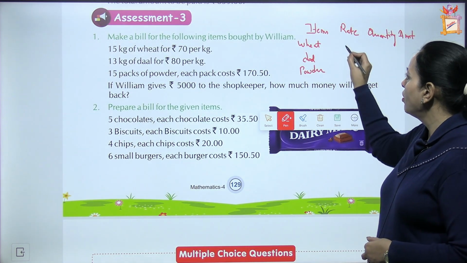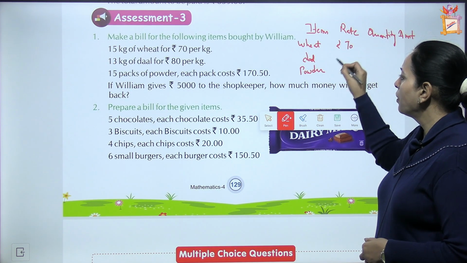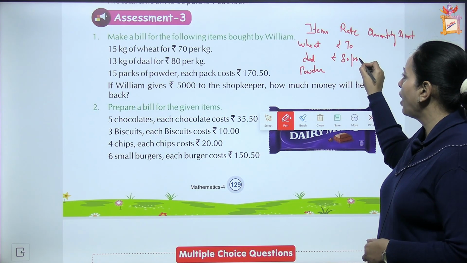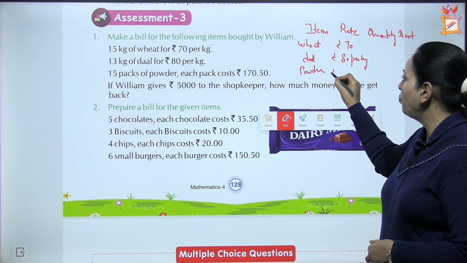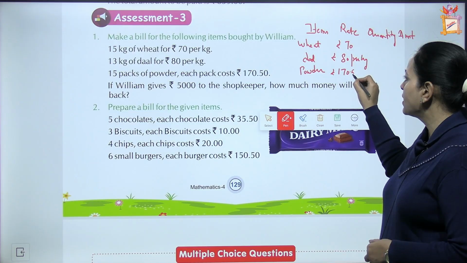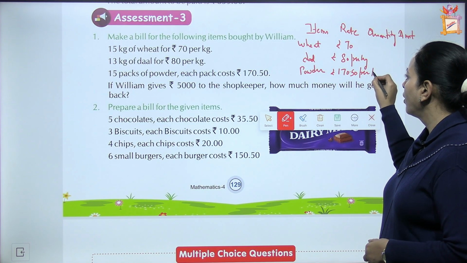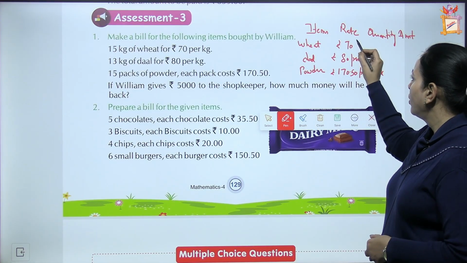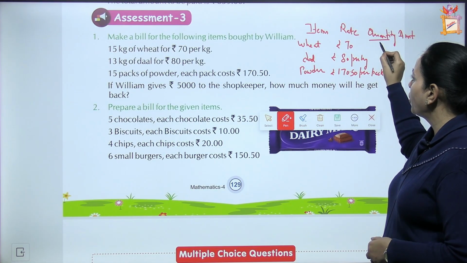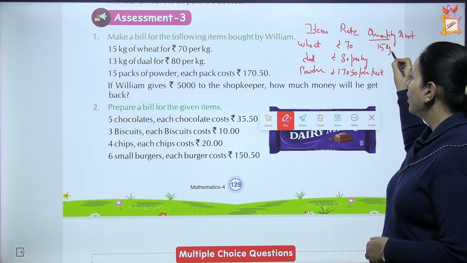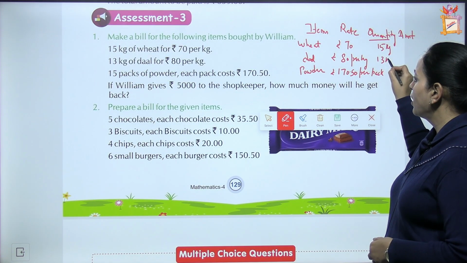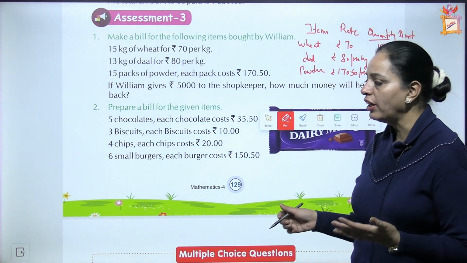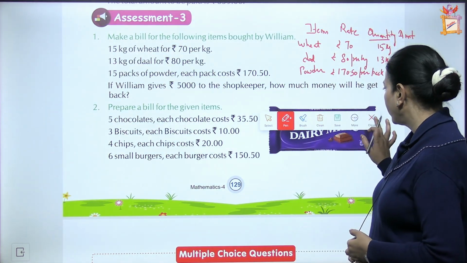So rate is here rupees 70 per kg, rupees 80 per kg dal, and rupees 170.50 paise per pack. Right? So now find the quantity. How much quantity? 15 kg. Dal is 13 kg. 15 packs. Then find the amount and then find how much he will get back. So you can try this one.